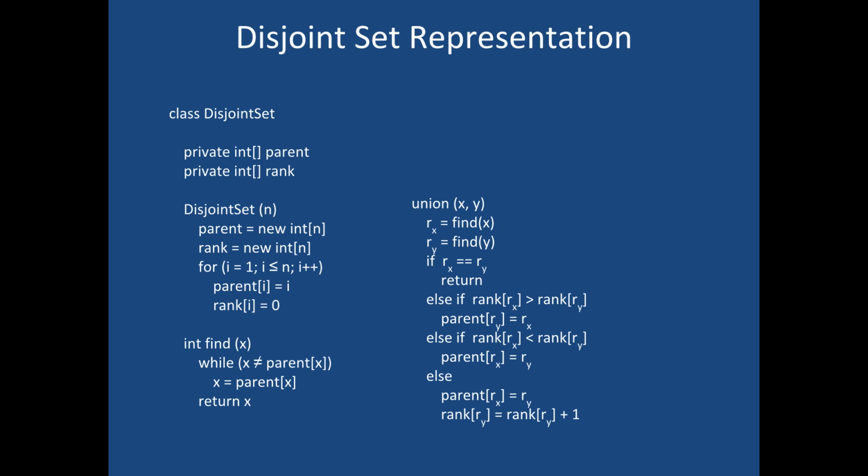You do a find on each. If they're already in the same tree, you do nothing. If the rank of Rx is greater than Ry, you have Ry point to Rx. Otherwise, do it the other way. In this case only, you increase the rank. So that'd be easy to implement.